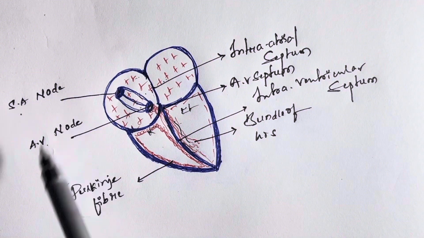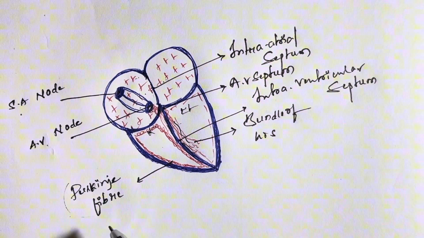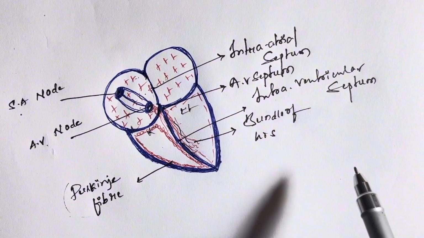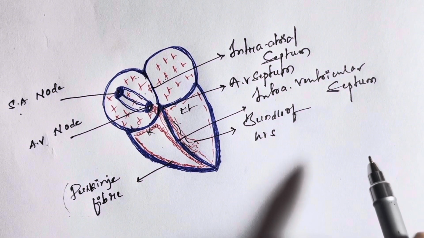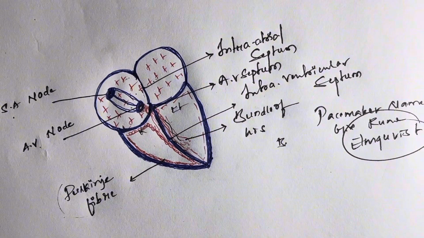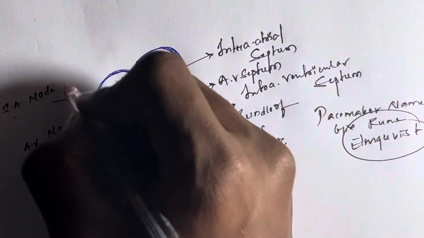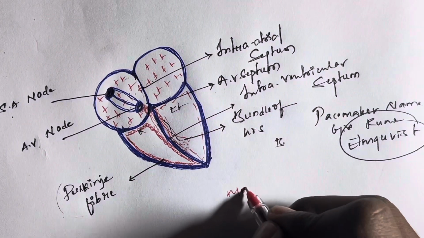The SA node, AV node, bundle of His, and Purkinje fibers are known as the pacemakers of the human heart. The SA node is present in the right atrium and is composed of muscular tissue.